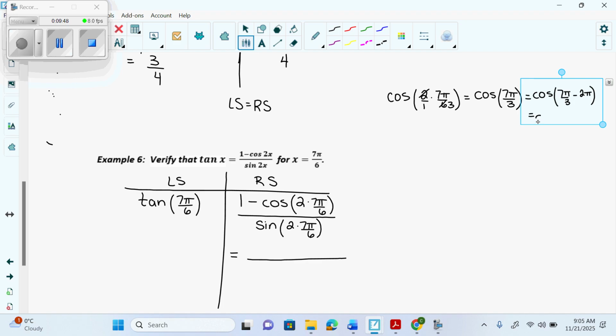Which would be cos 7 pi over 3 minus 6 pi over 3. So it is actually the same as pi over 3. I just went the long route. I get that same answer because it's just coterminal, correct? If it's too big, you can subtract the 2 pi. What's cos of pi over 3? 1/2.